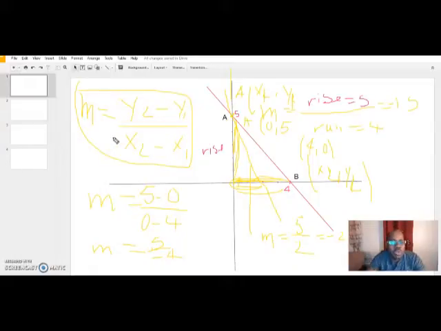I hope you really understand what it is when we talk about the slope of a line. Like I told you, in this example you have to consider the y value: the y value for B is 0, because B is at 4, 0, and the y value for A is 5. So that's the way we do it, and that gives you exactly an idea of what we're talking about when we talk about the slope.